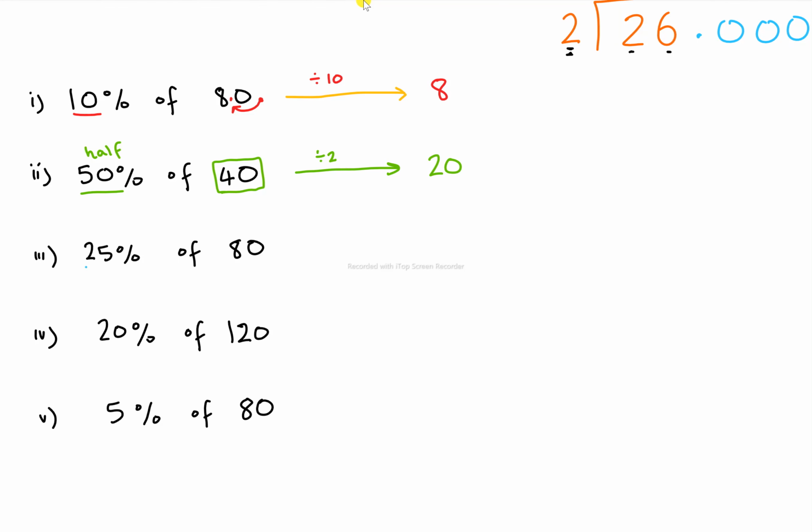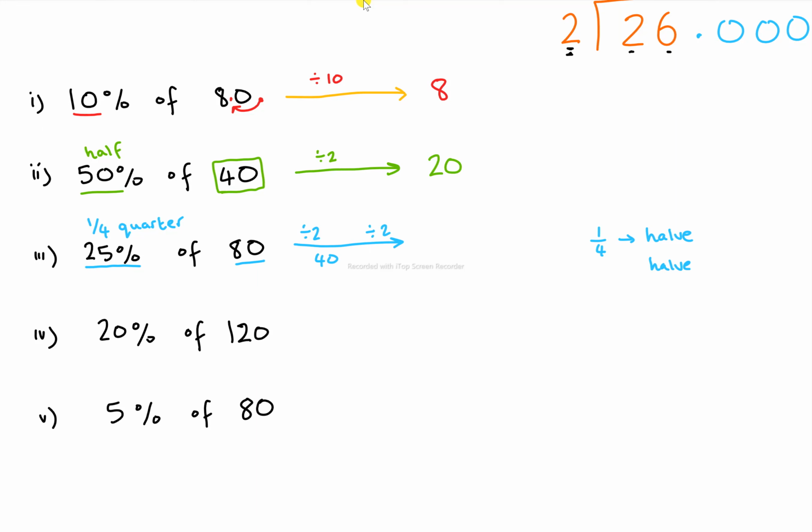Now again, when I see 25%, I think of a quarter. In primary school, what they do, if you want a quarter, you halve something and then you halve it again. You take half of something and then you take another half of a half. It's not difficult, but just get your head around this. So I'm going to halve this, I get 40.